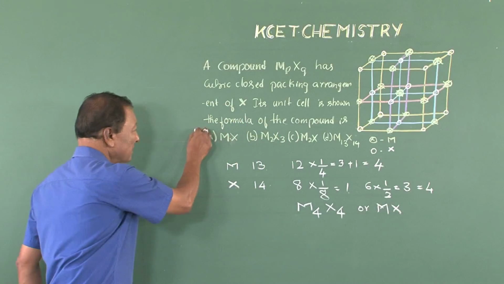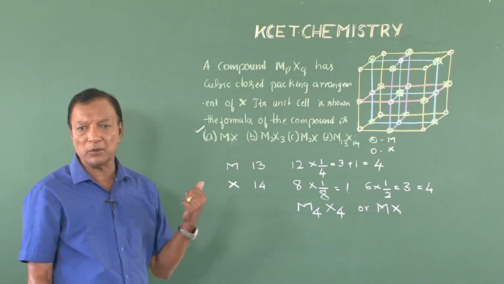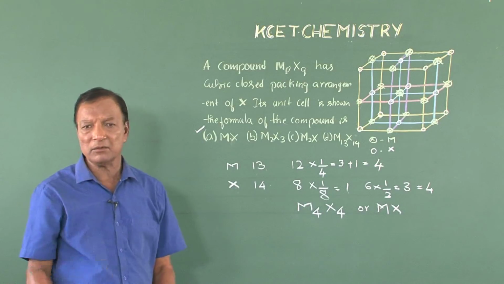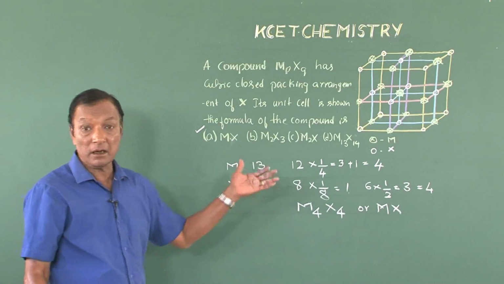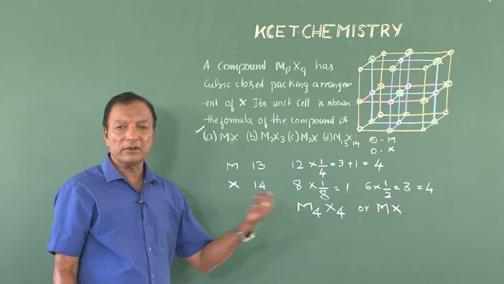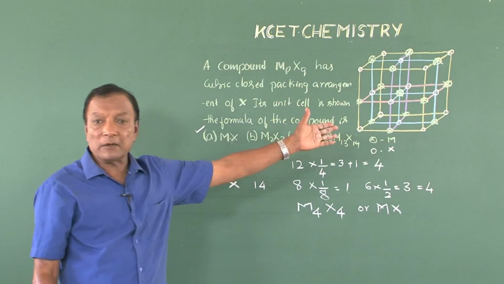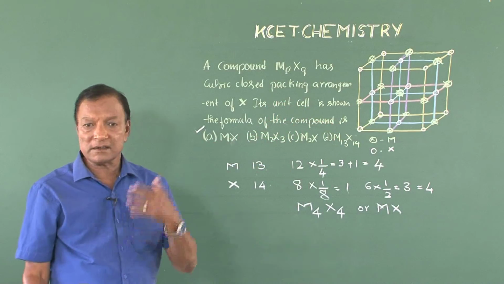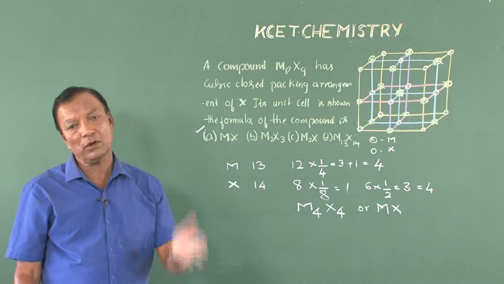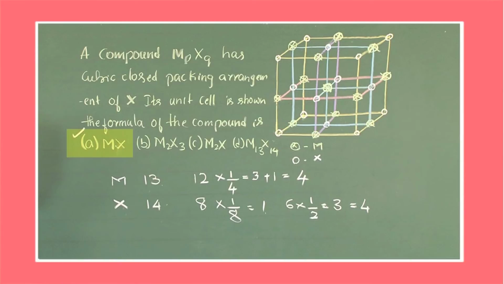That makes me go for option A. The formula of the compound is MX. That's how the calculation works. See how simple it works out. So many types you can have here. Simply calculating the number of particles is one type, or converting them into the formula is another type. There are varieties of options in the questions also.